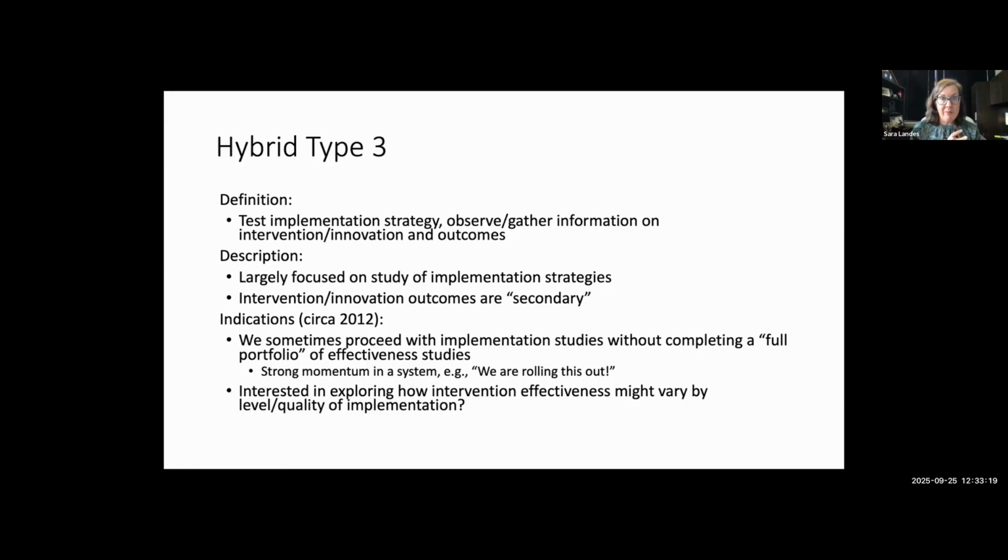So you didn't have to be highly adherent to the treatment to get good outcomes for folks with mild to moderate depression. But for folks with severe depression, high fidelity was needed for the good outcomes. And I think that's really important to know, because if you have a thing that's really resource intensive or takes a lot of training, it'd help to know to what level do you need to get folks to get the outcomes you desire in the setting you're in. So that's when you might use a hybrid type 3.